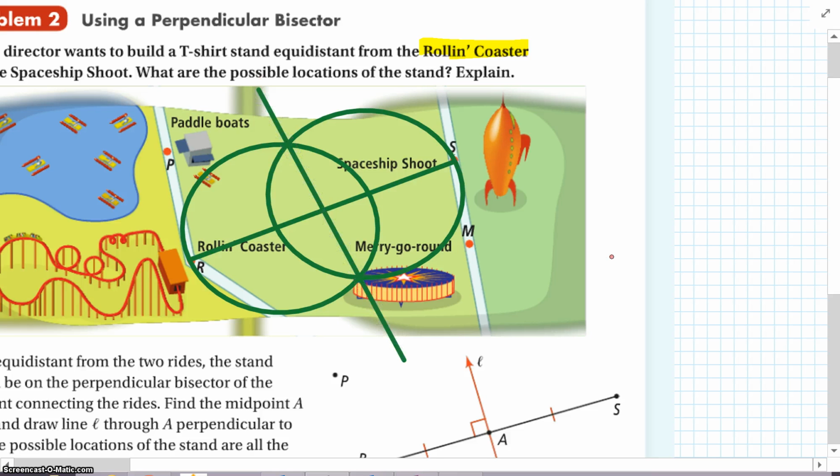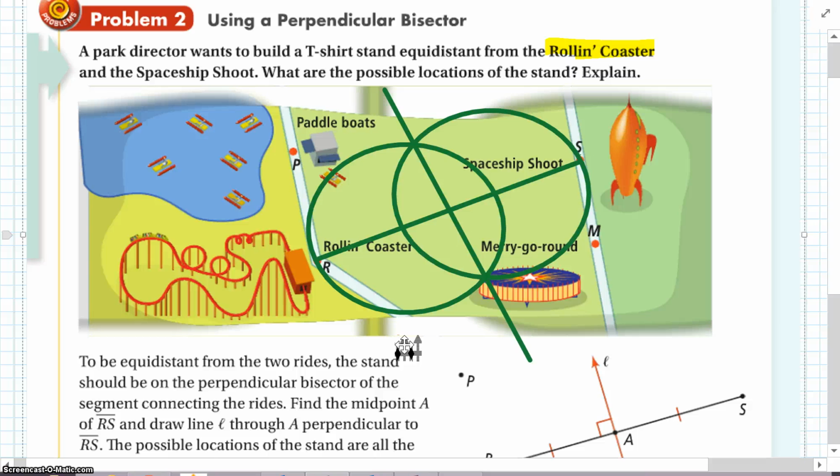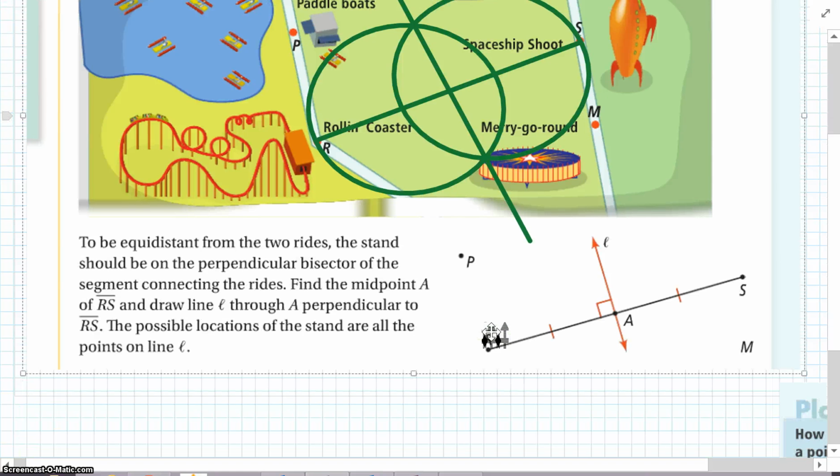That is close to being a perpendicular bisector. Not sure if it is or isn't. All right. But anyway, so anywhere on that line should be equidistant based on the definition. All right. Because that's the perpendicular bisector of the line.